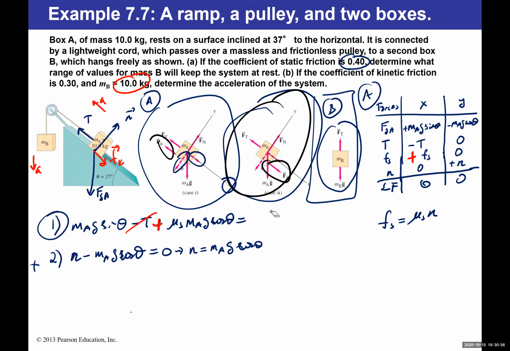The only difference here is the acceleration is no longer 0, so we have mass of A times acceleration here.